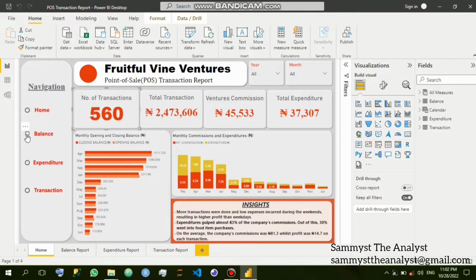So if I hold my control and click it, it will take me to the balance report, and it works the same for the expenditure report and also for the transaction.